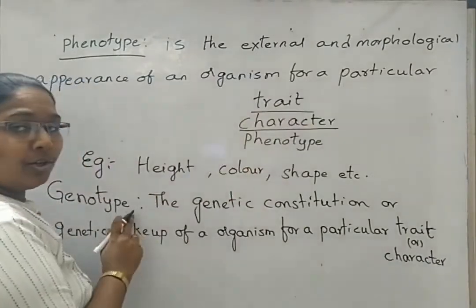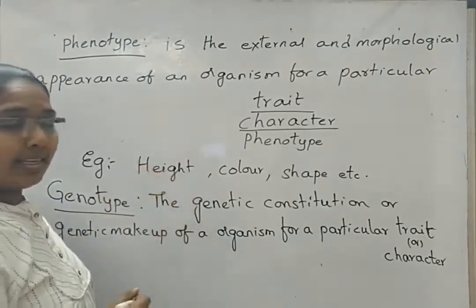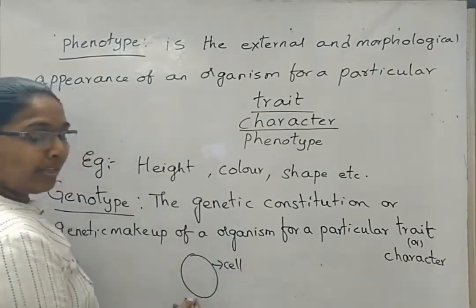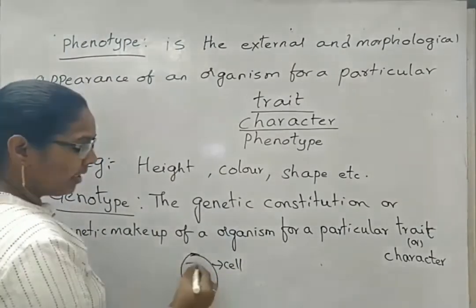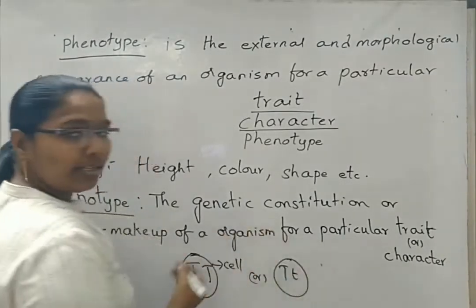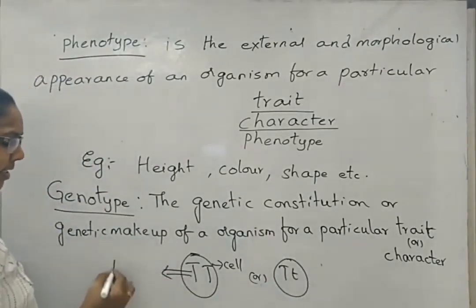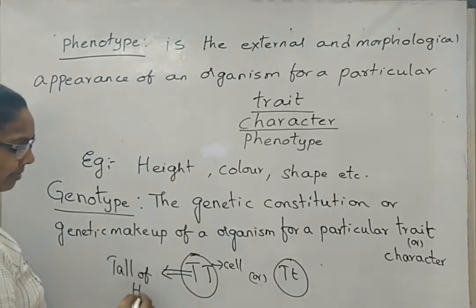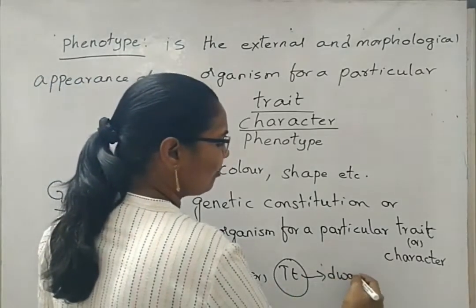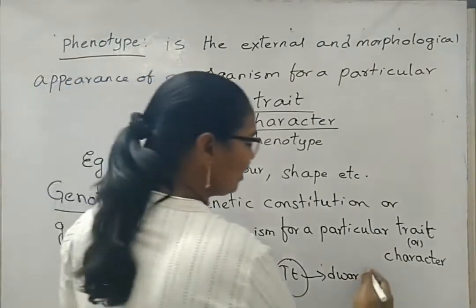Whenever we want to represent the genotype, we represent the type of alleles, not the phenotypic features like height and color. The genotypic expression shows whether there are the same type of alleles or different types of alleles. I have written this capital T many times. It is the allele responsible for tallness of the plant. This small t is responsible for dwarfness of the plant.